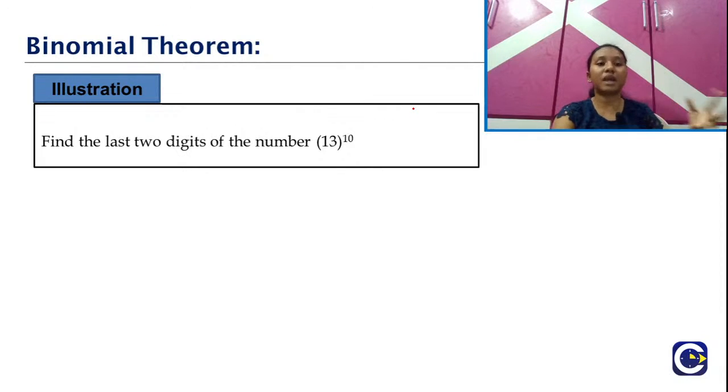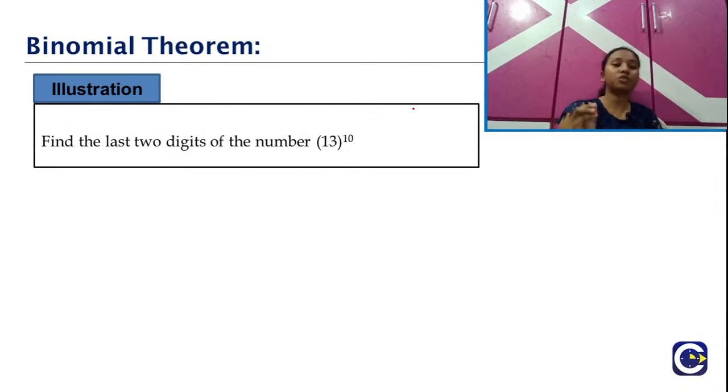So keep it in mind how we have solved the previous two applications, and I hope by now you might have got an idea how to start anything related to this application part. So can you have a look over this, and give it a try for this question in order to figure out the last 2 digits of the number, that is 13 power 10.